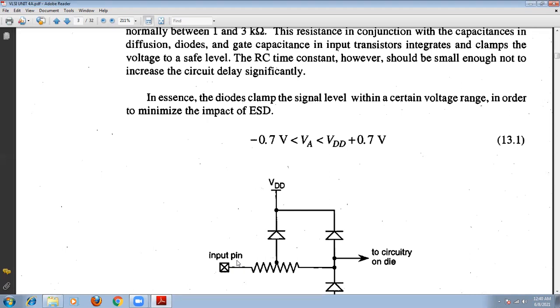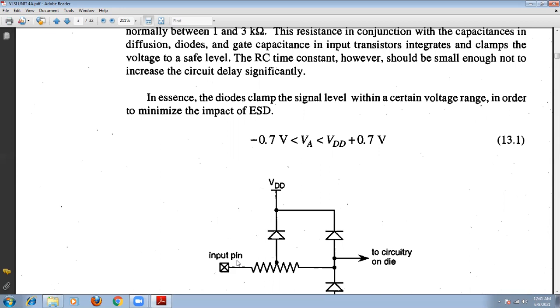So it is not only the resistor: we also use the capacitances that exist in the diffusion, the diodes and the gate. All these components combined clamp the input level to a safe level.